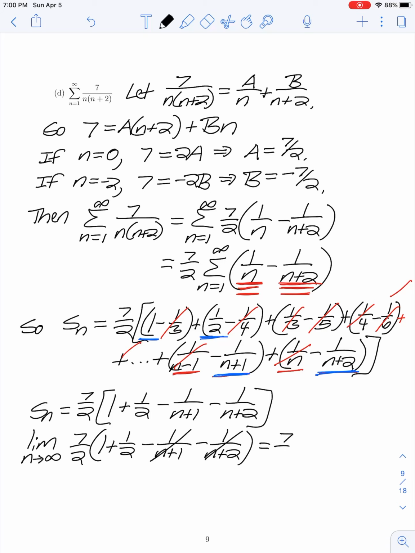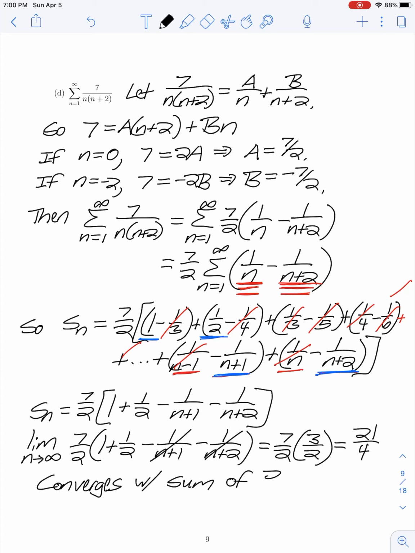So we're left with a 7/2 times 1 plus 1/2, or 3/2, which leaves us with 21 over 4. So here our series converges with a sum of 21 over 4.